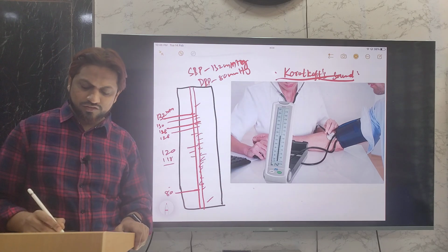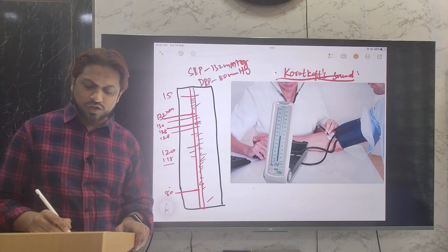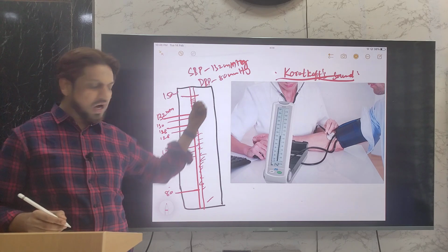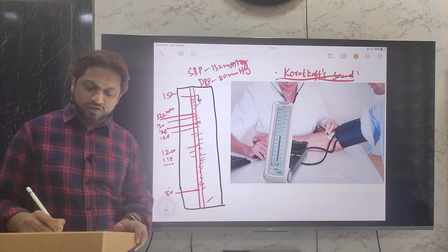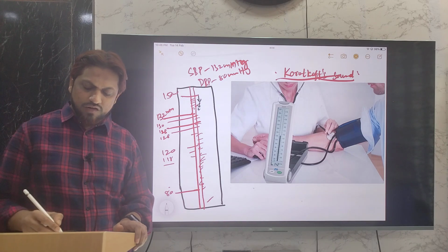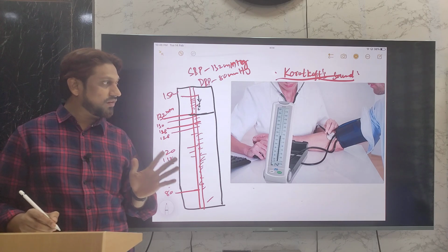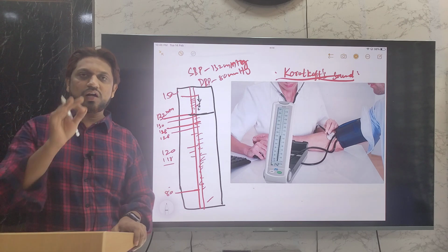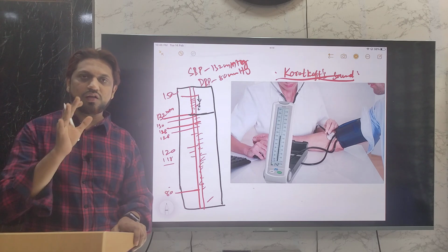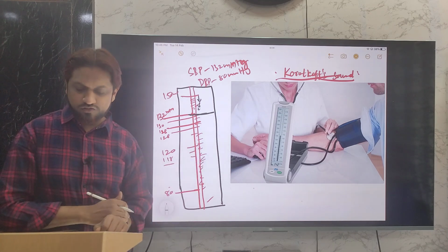Suppose we have inflated up to 140 or 150 millimeters of mercury, and slowly we bring the sphygmomanometer pressure down and listen for the first sound. I may not simulate the correct Korotkoff sound, but I will try to simulate it like tah tah tah. A similar sound you will hear with the help of the stethoscope while recording blood pressure.